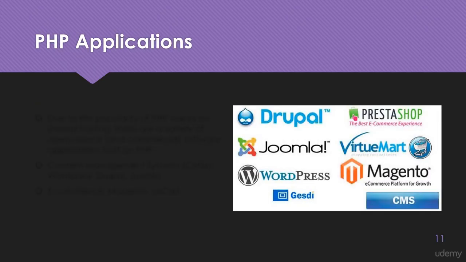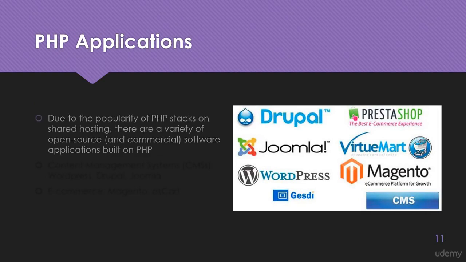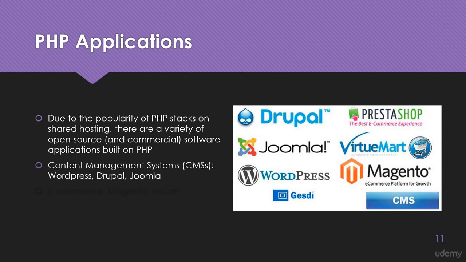Now add to that the fact that because PHP is so popular and runs on so many shared hosts, you have a whole ecosystem that's built around the PHP programming language. There's a whole bunch of open source as well as commercial software applications built on PHP. So the screenshot on the right just shows some examples.